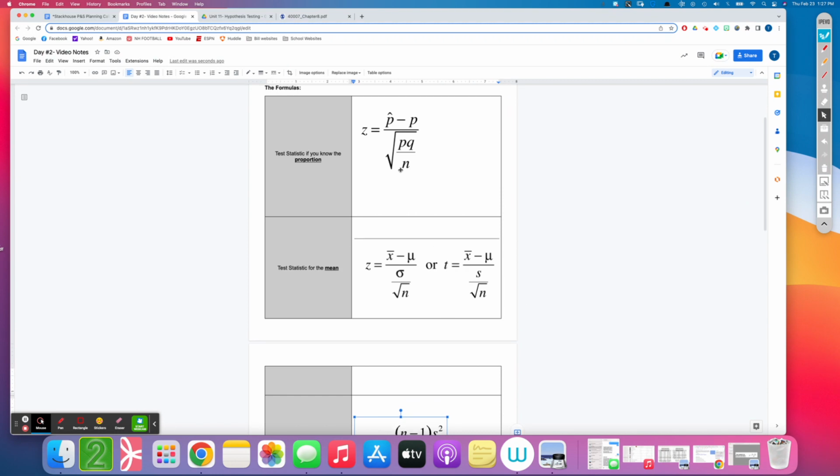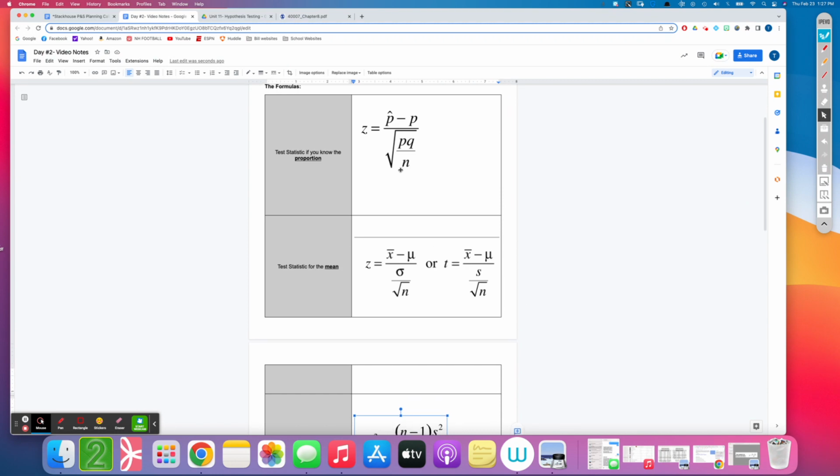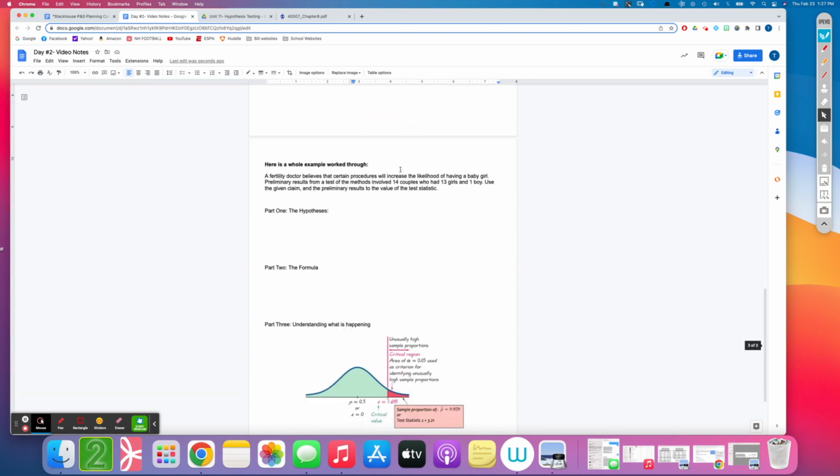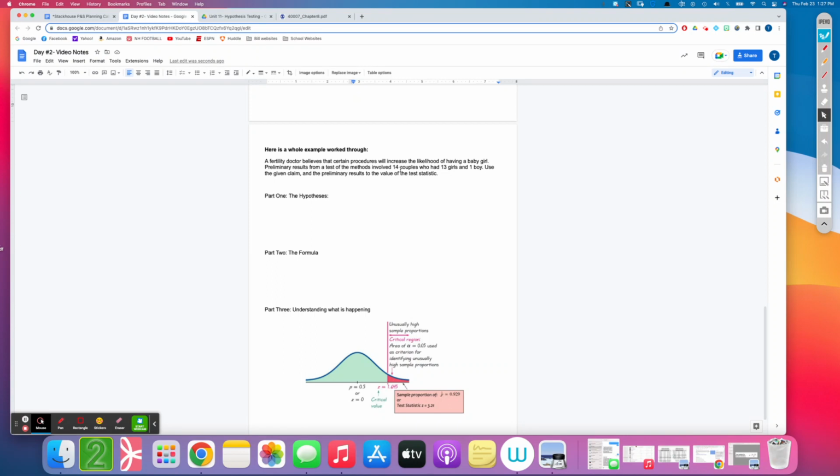You do not have to memorize these again, but let's work our way through one whole example. We have a fertility doctor. Couples are trying to have children, and they have a small test of their new methods that are trying to have a baby girl.